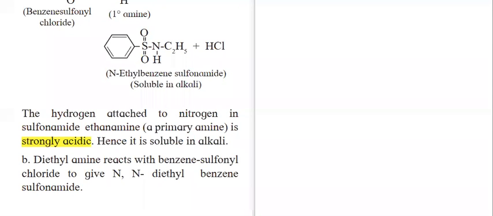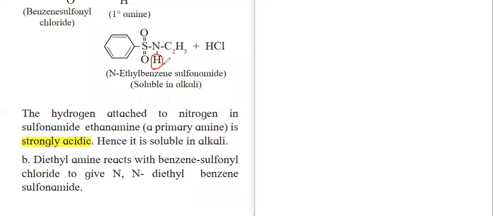Now see the hydrogen attached to the nitrogen in the sulfonamide. It is strongly acidic in nature. Why is it strongly acidic? Because the difference in electronegativity is high, there is a dipole moment, and it is in conjugation with the sulfur as well as oxygen.